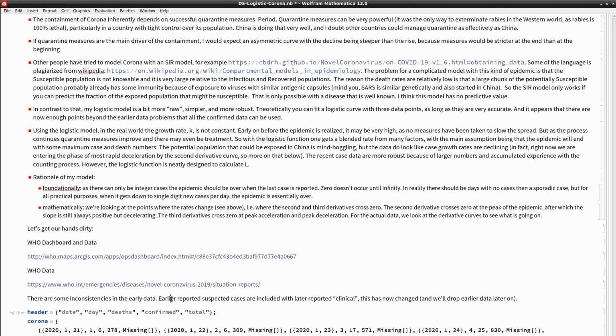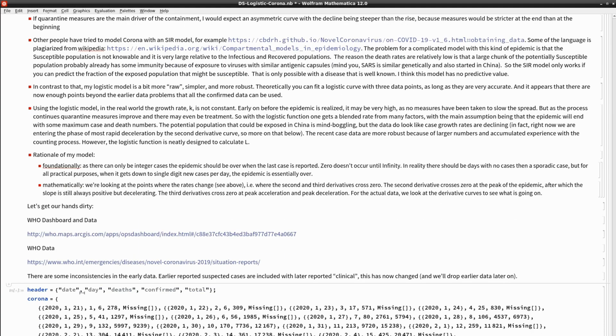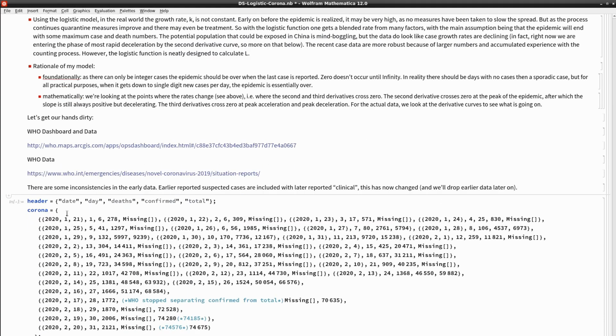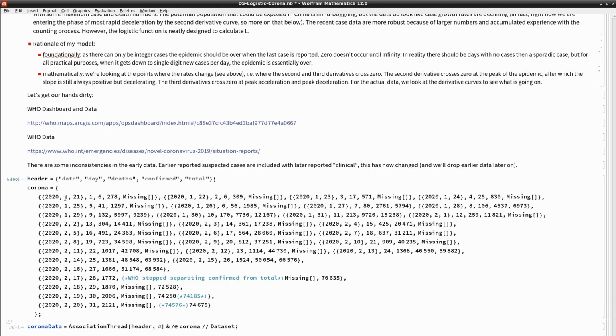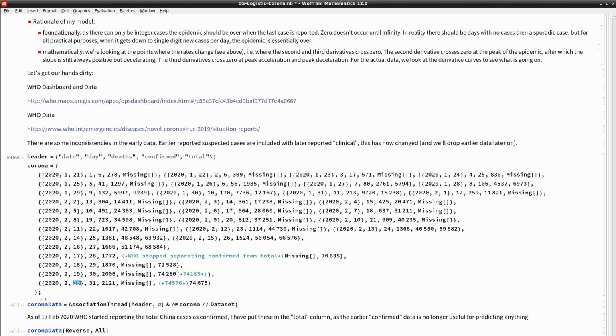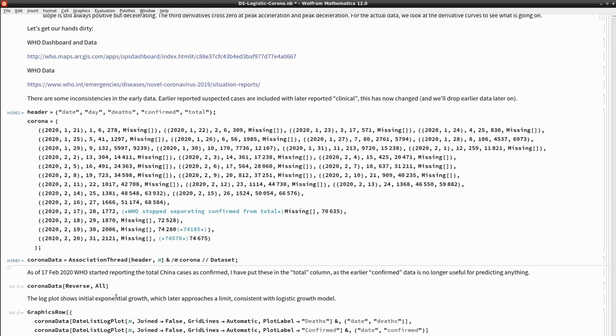The biggest thing is that in the earlier data, the suspected cases are included with later reported clinical data. And this has now changed, and we'll drop the earlier data later on. But for now, we'll keep it with it. So here's our data. We start January 21st, and the last data point I have is for the 20th of February. So let's create a data set with it.